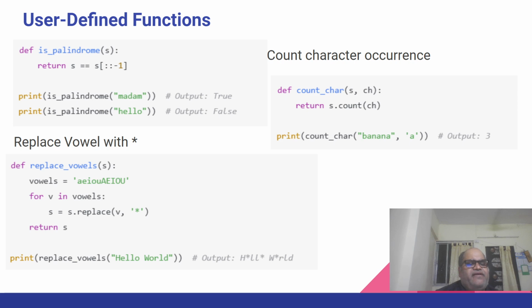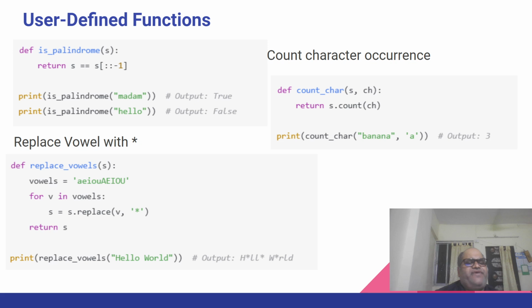So if there is any instance of a vowel in this string, for example "hello world", the E and the O will get replaced with a star, and the other characters will not be. So that's why you'll be having H star, LL star, W star, RL, D.